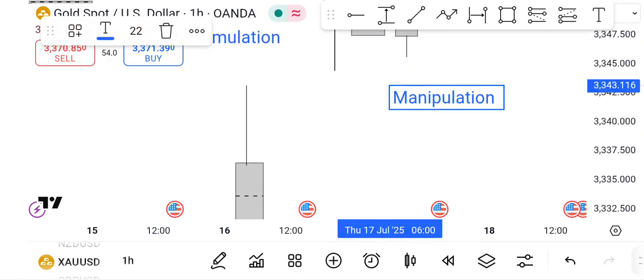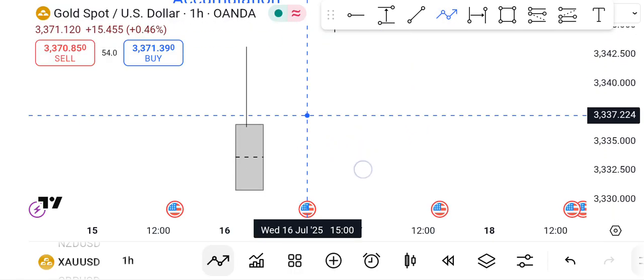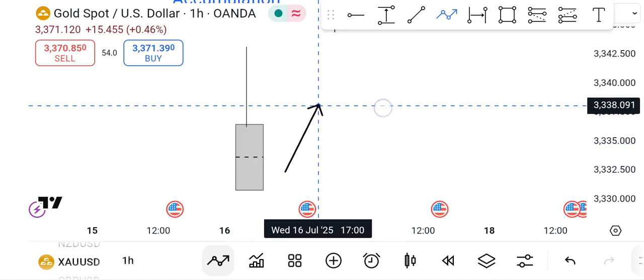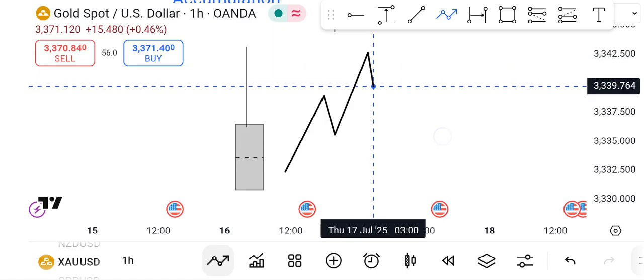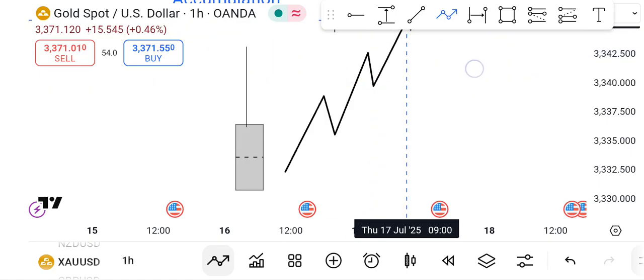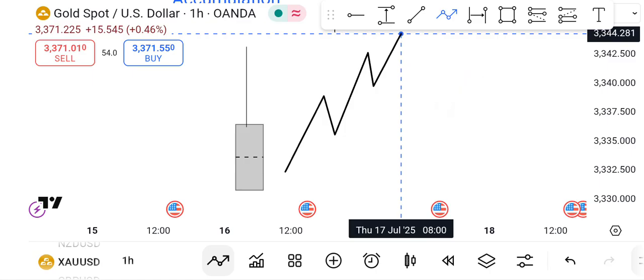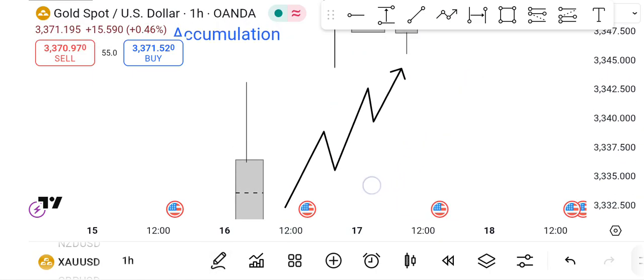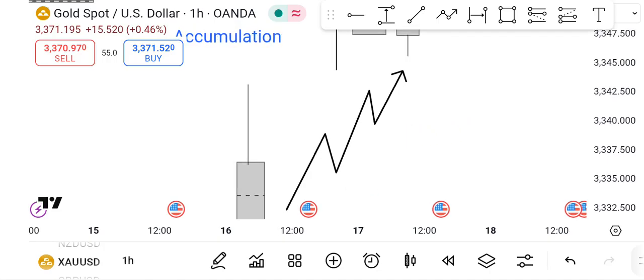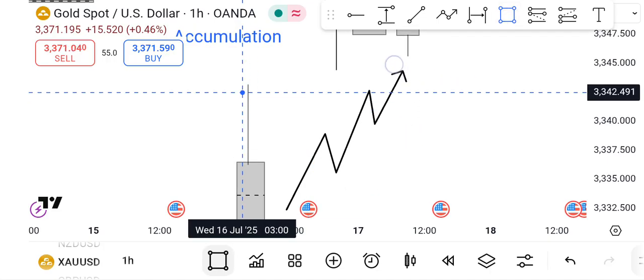The market was on an uptrend like that, but the market reached a point where there was this liquidity over here.